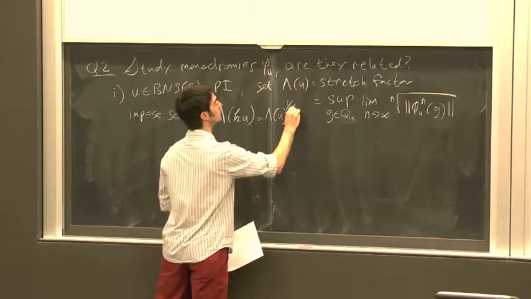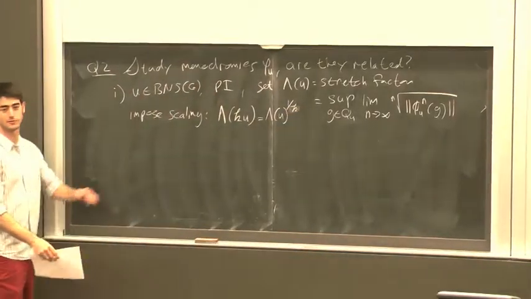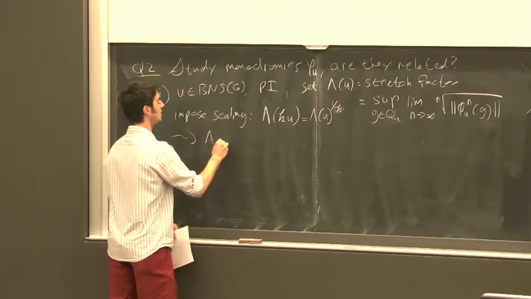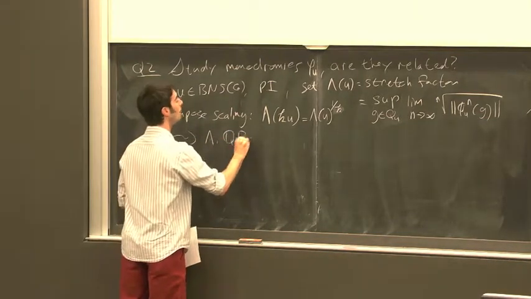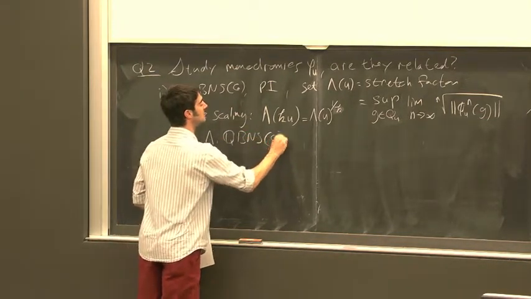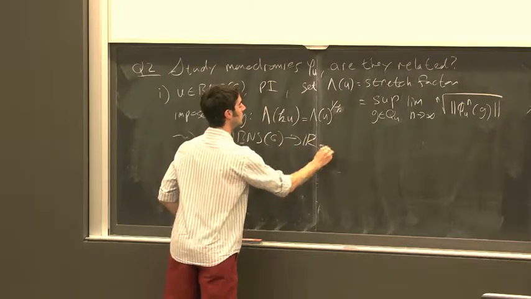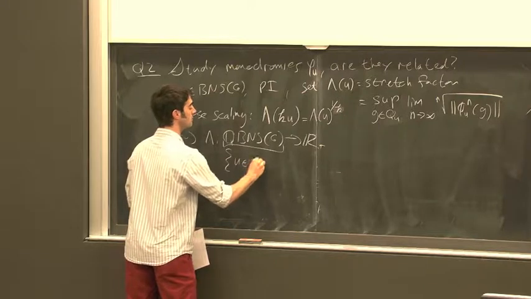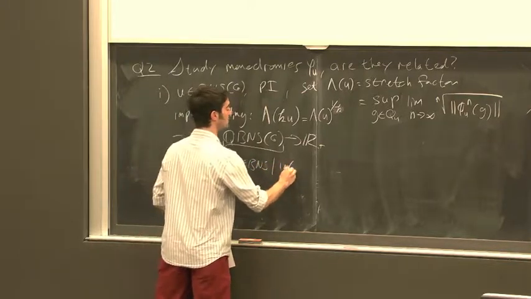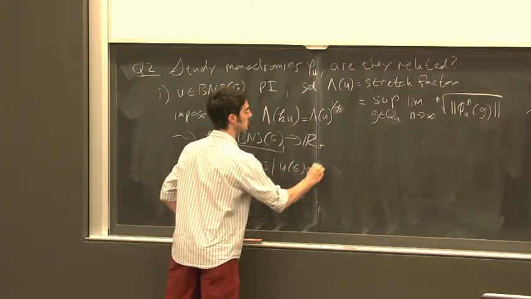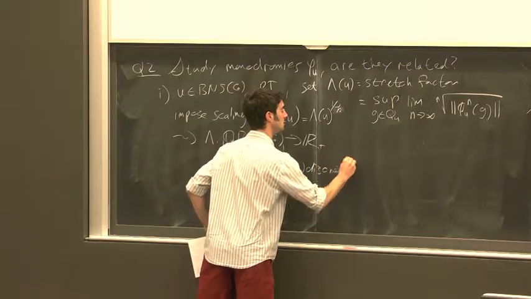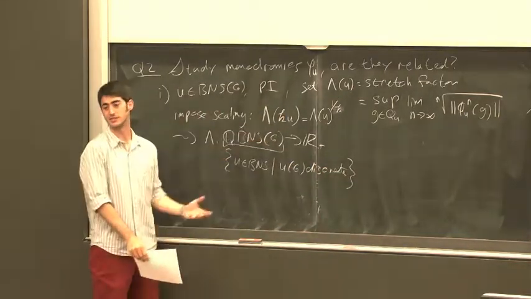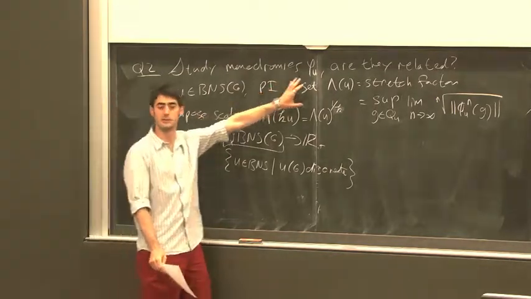That gives you a function on the set Q BNS, mapping to R plus, where Q BNS is the set of things in the BNS-invariant where the image is discrete. Everything with a discrete image can be scaled so that the image is exactly Z, and then I use this definition.